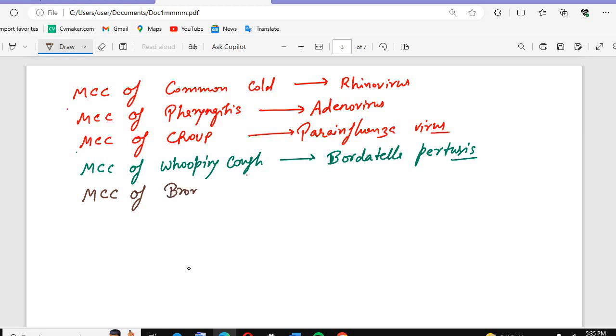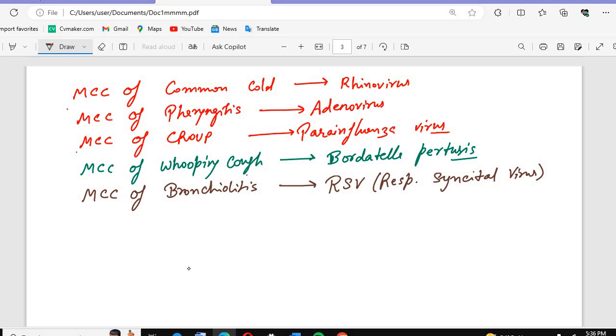This we already studied, so let me know. Bronchiolitis. Yes, again you all are right. Okay, so we are very good. The RSV. What is the RSV? Respiratory syncytial virus.